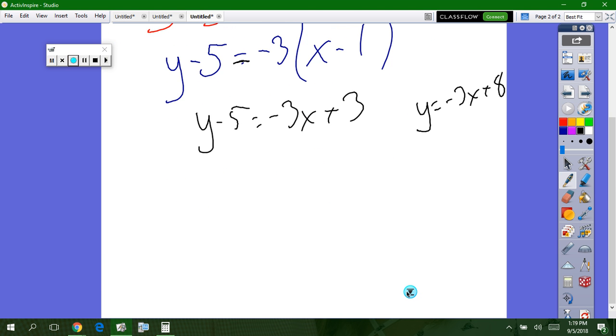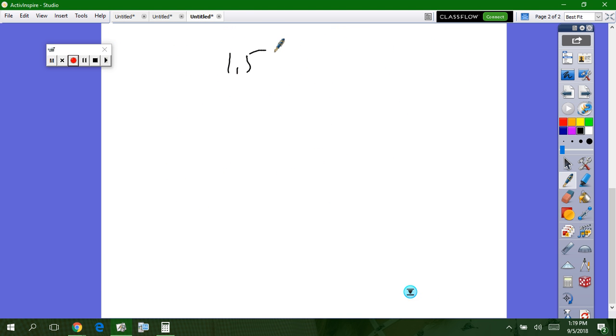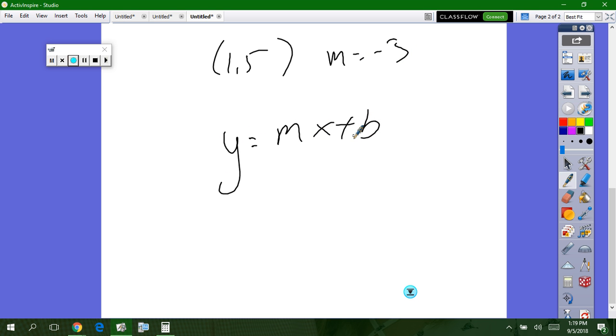Some teachers always just use, once again, I had the point (1, 5) and the slope being -3, and they still just use slope-intercept. Here's what they do. They put the slope in. What is our x value? 1. What's our y value? 5.